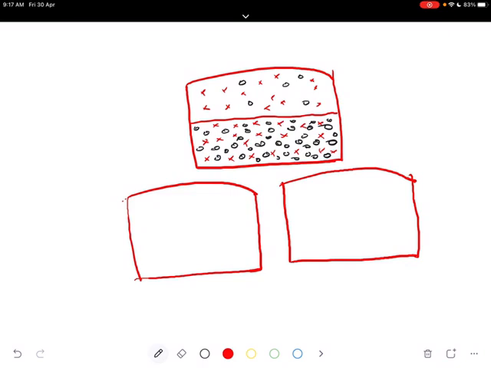All the three vessels are of equal size. And this black one, that is the pure solvent or one pure liquid.